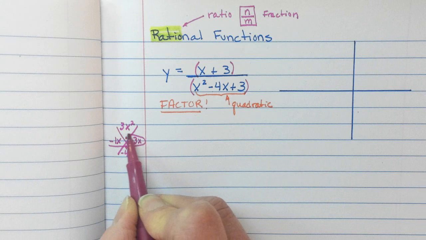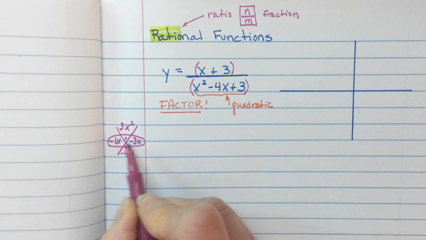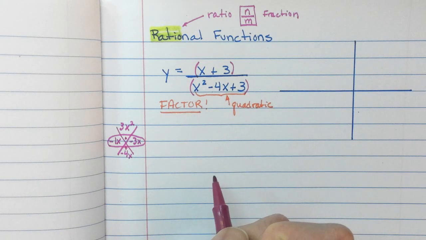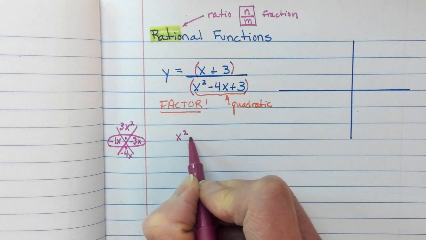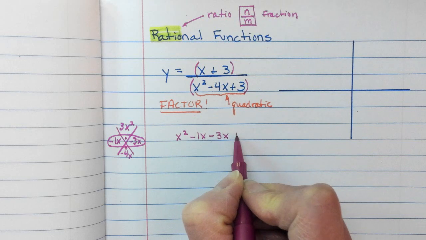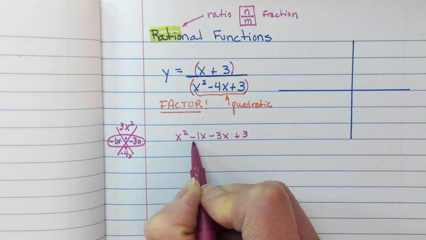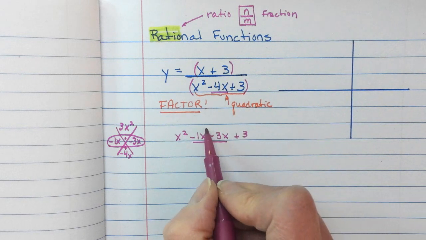So those are the factors that I want, those are the products that I want to use to replace that middle number. So that means then that I would have x squared minus 1x minus 3x plus 3, because remember I'm just replacing that negative 4x.